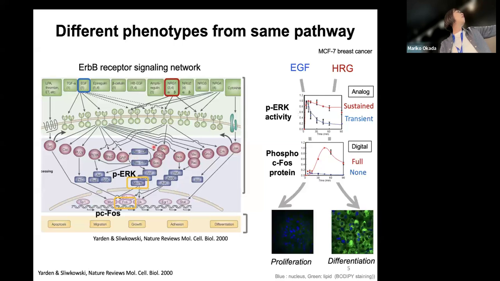Different molecules can bind to different receptor combinations, but this kinase activation module is very much limited. So it shows this kind of bow tie structure, and then they converge to the activation of the transcription factors.